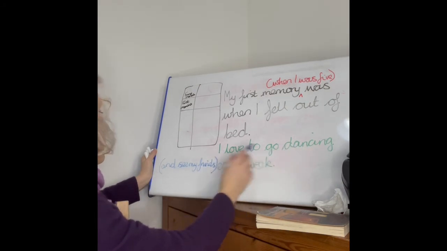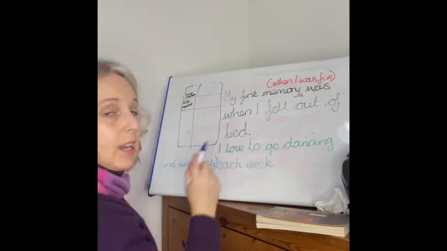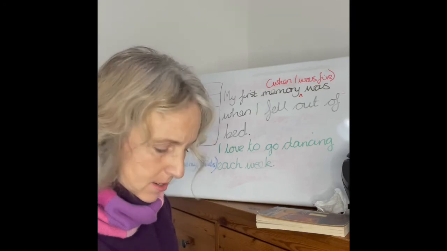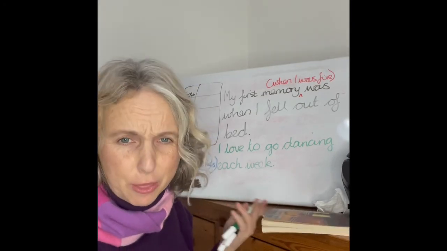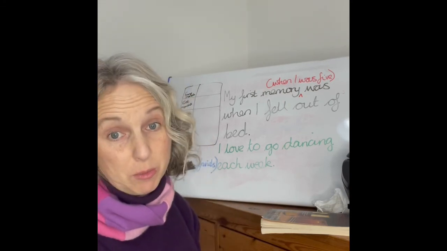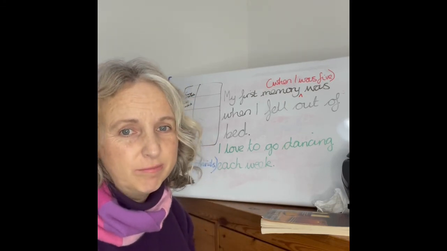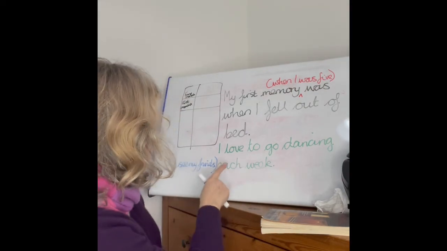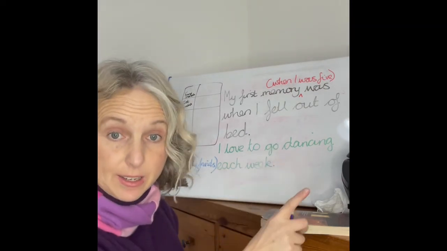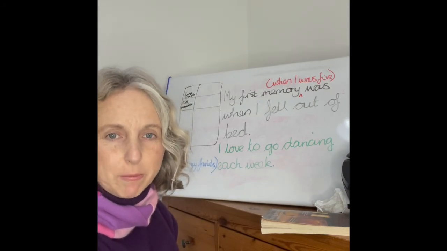I love to go dancing and see my friends each week. That's better. Can you see how I thought I knew what I wanted to say? I thought it was going to be funny to say I wasn't very good at dancing. But it didn't quite work. So now I've changed it to I love to go dancing and see my friends each week. And I think that gives a bit more information.